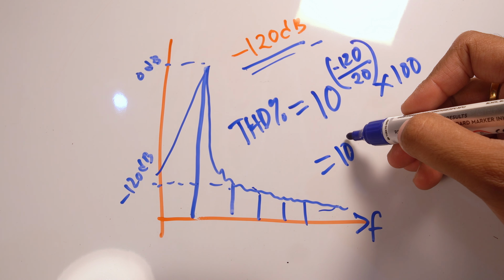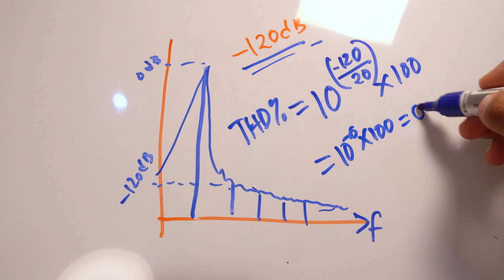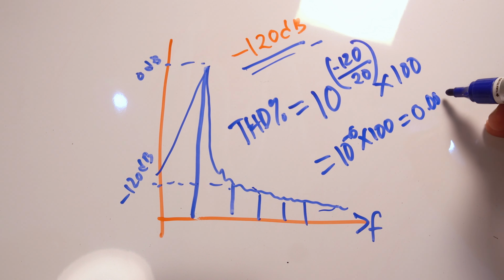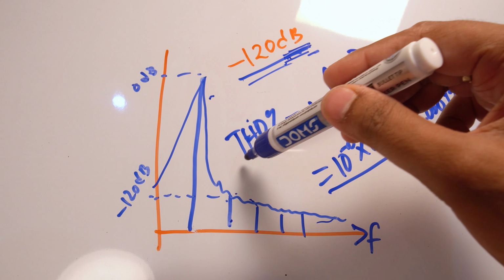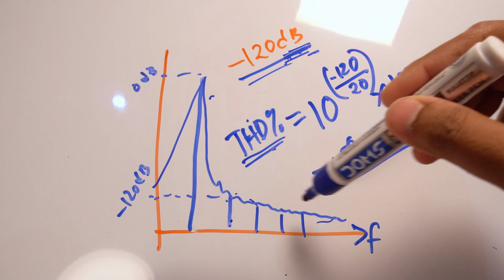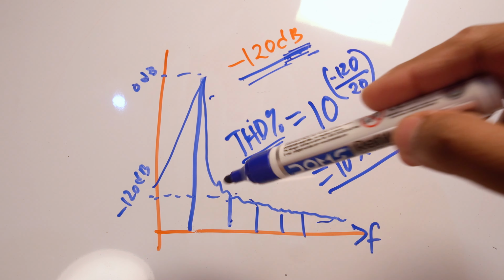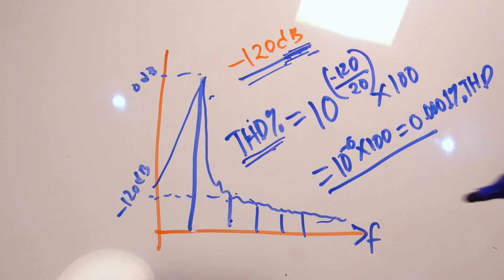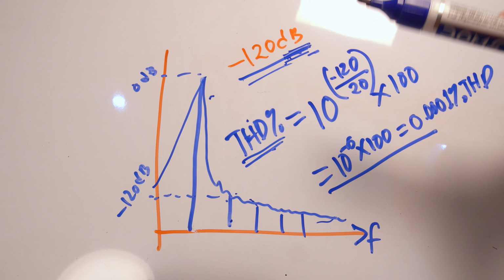So it will come like 10 to the power minus 6 into 100, which is equivalent to 0.0001% THD. There are other methods of measuring THD and the values will differ in that case, but in an amplifier we will always measure with the amplitude of the fundamental compared to all the harmonics. And this is how we can say how clean our amplifier is.